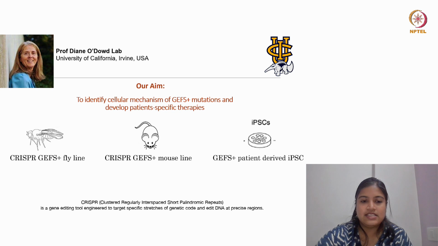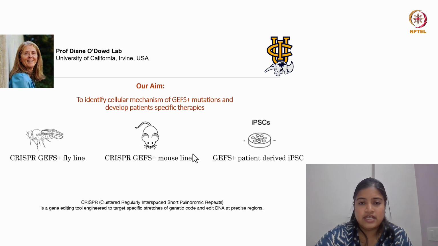In this case, we looked at a particular GEFS plus mutation, and we created a transgenic fly model using CRISPR, and then we created a mouse model using CRISPR, and we also had stem cells which were derived from patients who carried the same mutation, and we had a control from a non-seizure sibling, and their stem cells were used as a control line.